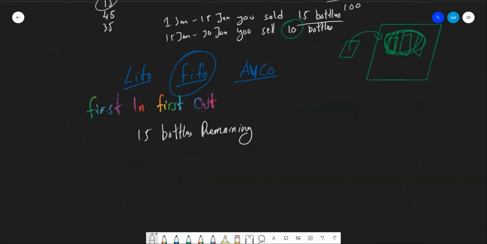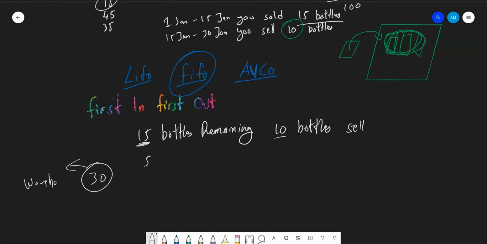And now we have the 10 bottles that we are going to sell. Since we already have 15 remaining, we take those 10 out of these 15, and then we would have 5 remaining. Even though we know we have another shipment of 30, we would not touch these. They are still going to stay in the warehouse.